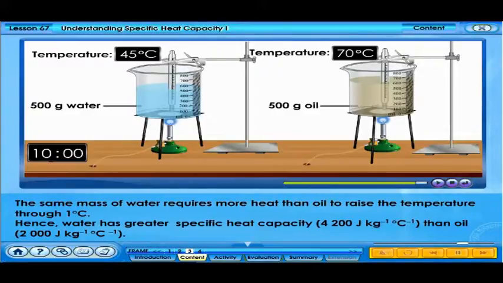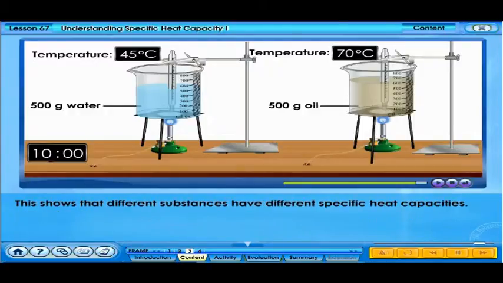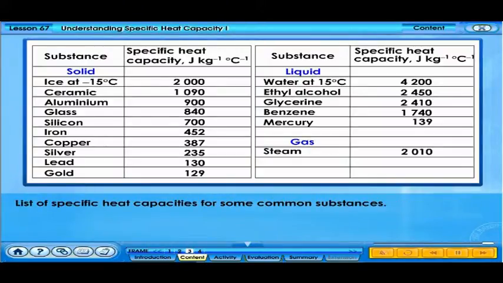Hence, water has greater specific heat capacity, 4,200 joule per kilogram per degree Celsius, than oil, 2,000 joule per kilogram per degree Celsius. This shows that different substances have different specific heat capacities. The table shows the list of the specific heat capacities of some common substances.